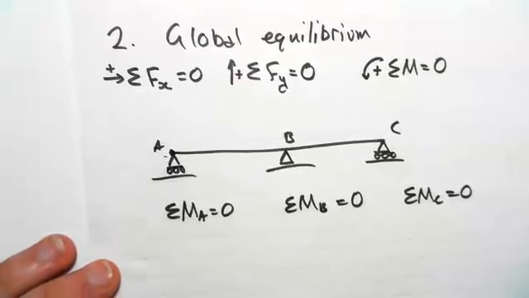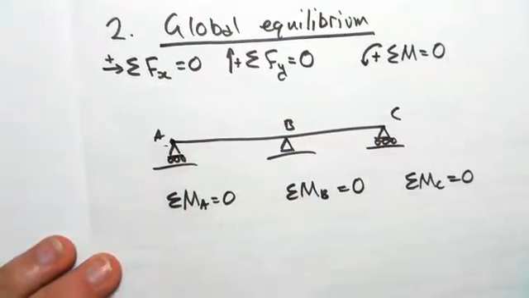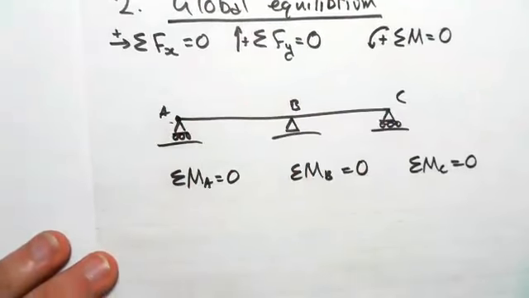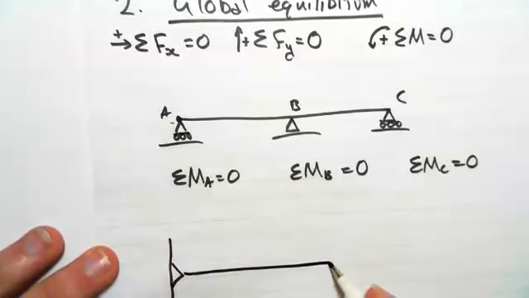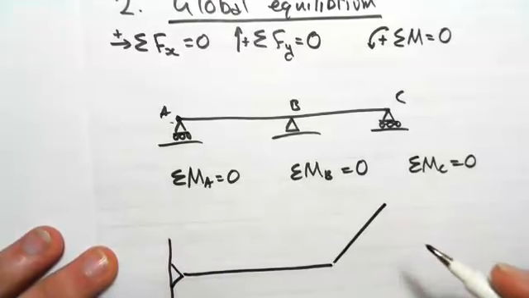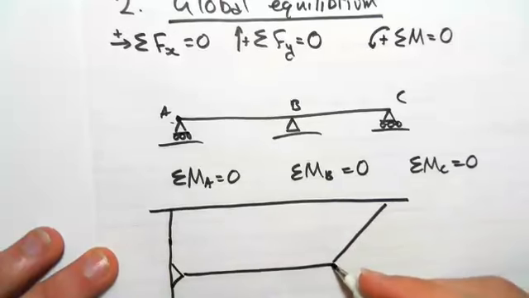So I'm going to do a quick example of a global equilibrium. Say we have a pin joint attached to the wall and a beam coming off it, and then a cable attaching to the roof, something like that.